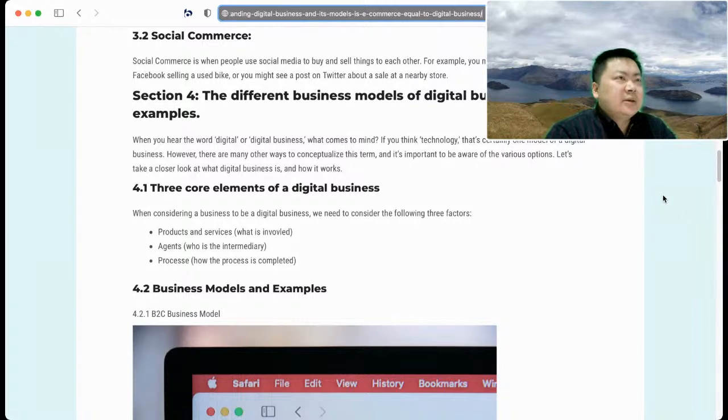The third one is the process. The process means where it is completed. For example, if you are a tourism retail shop, people go to your store near the Britmart and look at the different items, and they decide to buy from your shop. That's not digital business, because that process is completed in the shop.